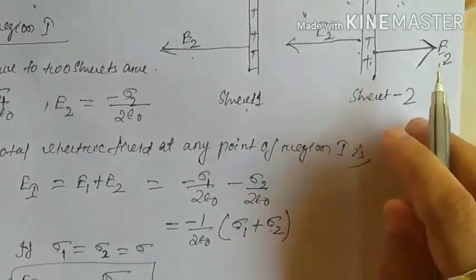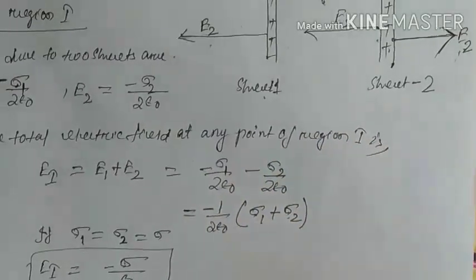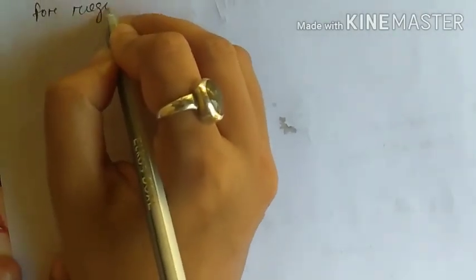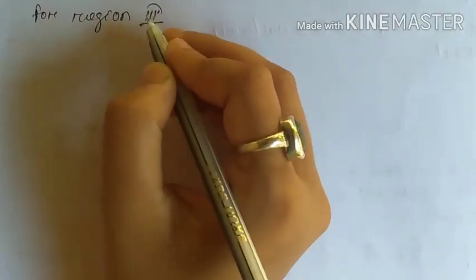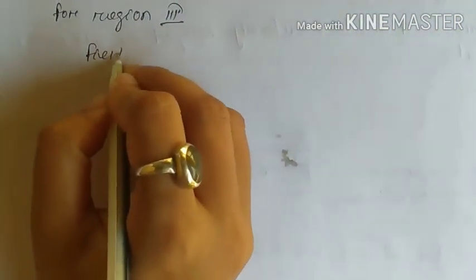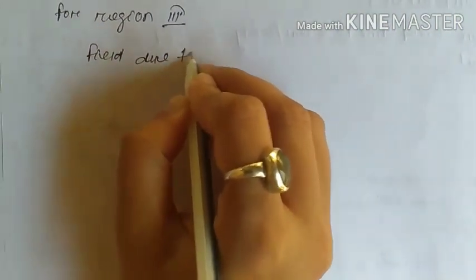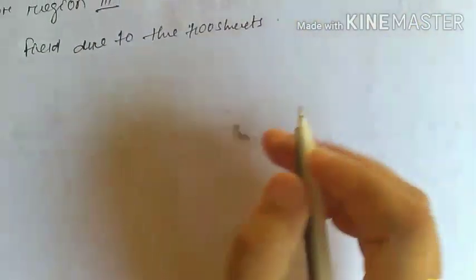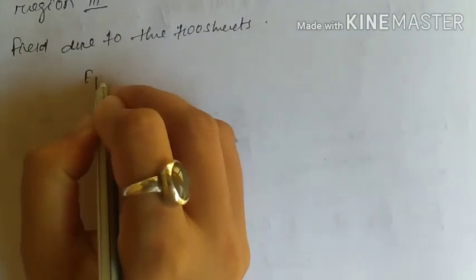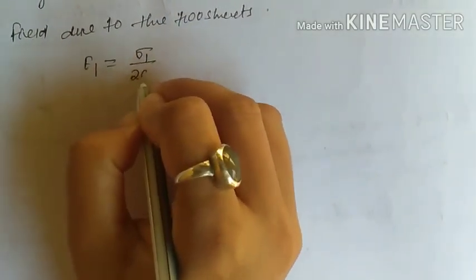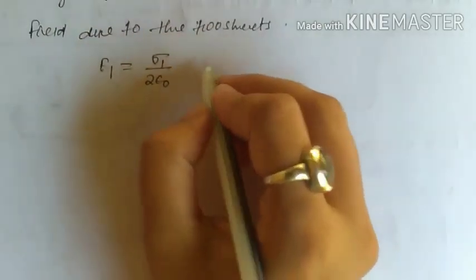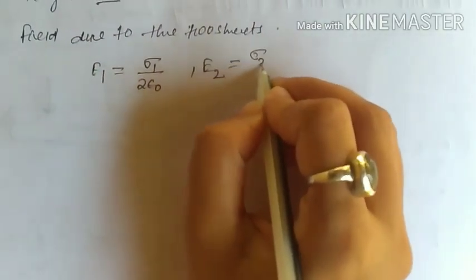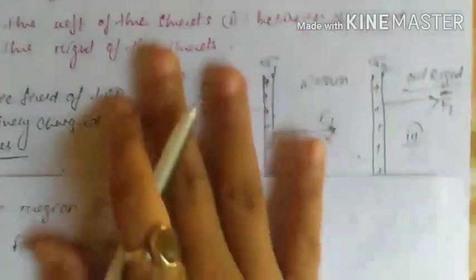So we can write for region 3, field due to the two sheets: E1 is equal to sigma 1 by 2 epsilon naught, both in this direction. Then E2 is equal to sigma 2 by 2 epsilon naught, right?